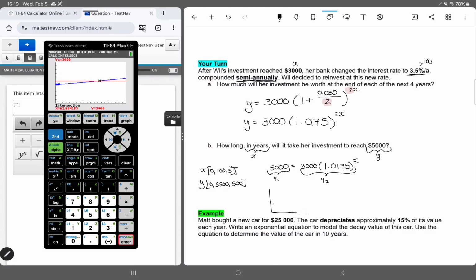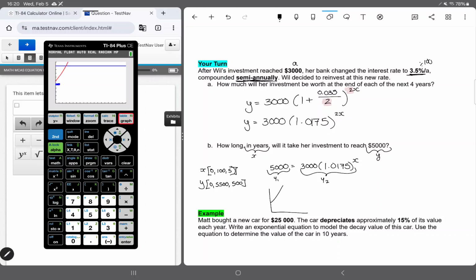Again, we want to doodle our graph. I forgot to change my y1. So clear. Okay, y1 is 5,000. And this one we want 3,000 times 1.0175 to the power of 2x. All right, there we go. So let's just adjust this.